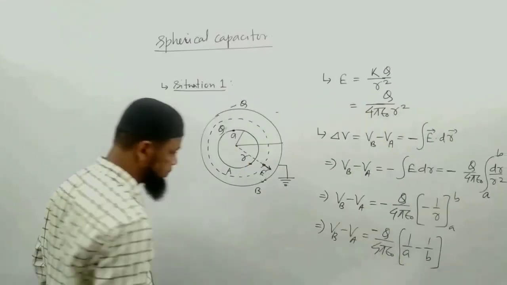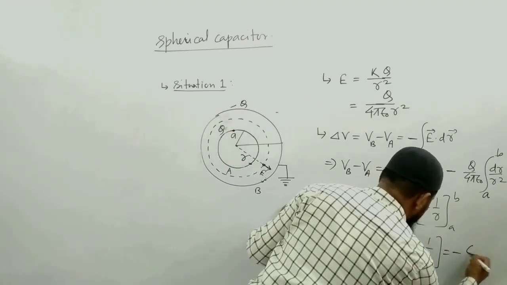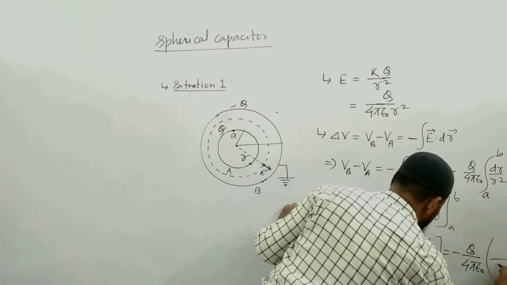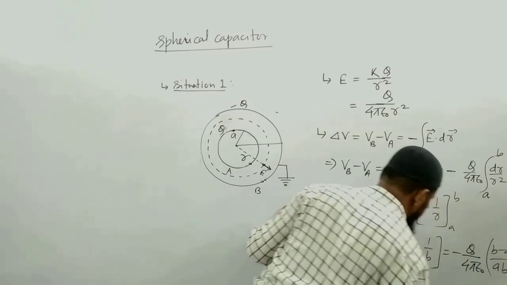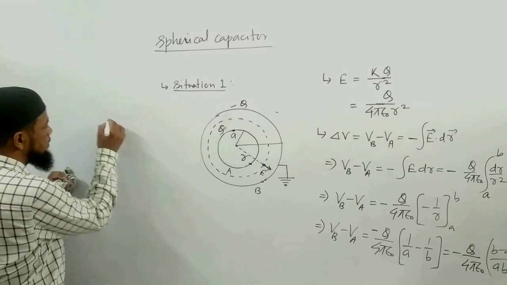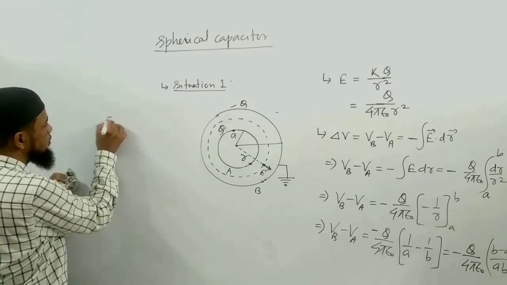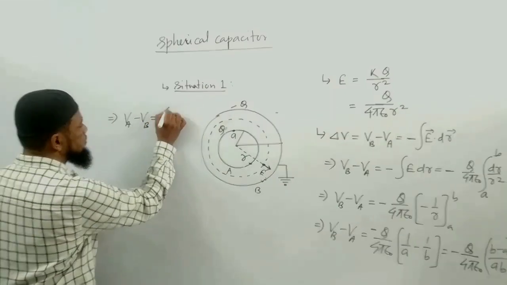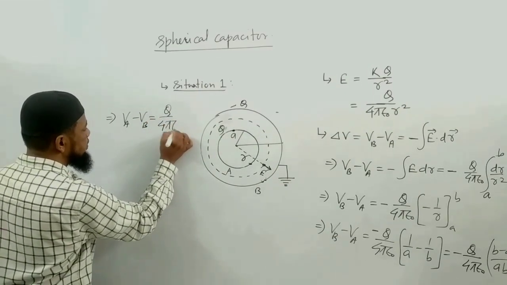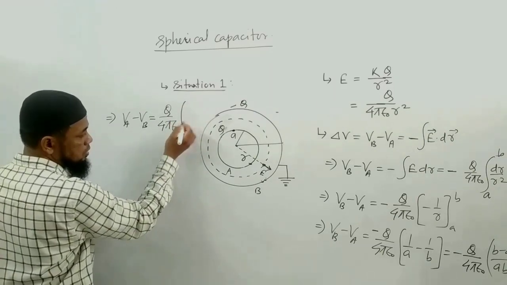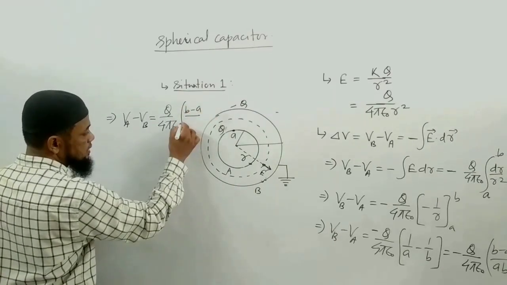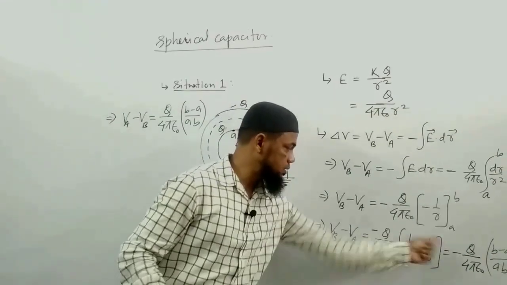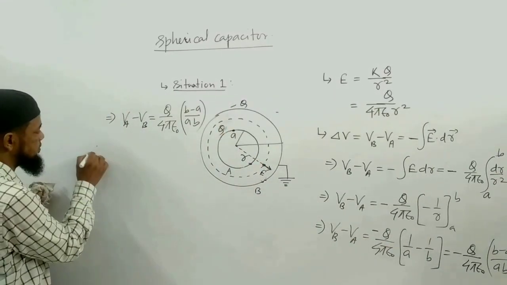So minus Q divided by 4 pi epsilon naught times (B minus A) by AB, which implies VA minus VB is equal to Q divided by 4 pi epsilon naught times (B minus A) divided by AB. I've just reversed it and the minus sign disappears.